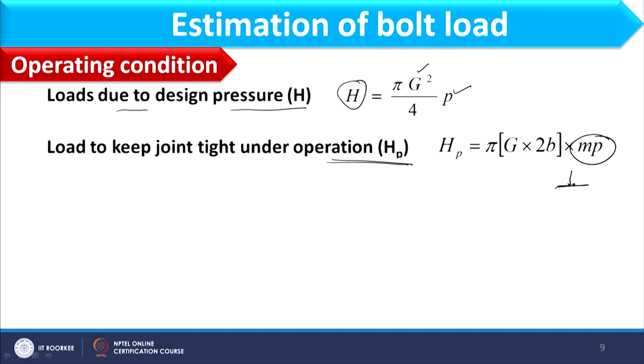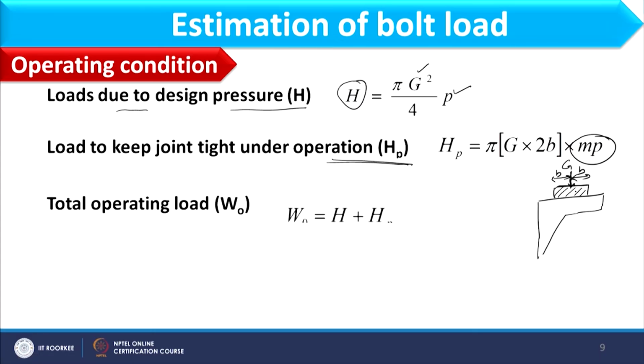G is the point, and this is B and this is B in the gasket, if we consider this in the flange. Here I have the G value. So pi G is this periphery and 2B is the total width of the gasket. When I consider MP, it is basically acting on the total gasket. I hope I am clear.